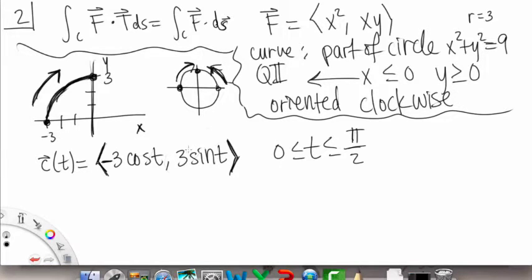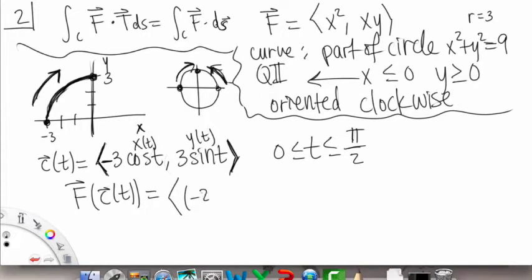And then what else do we need to know? We can plug in our c of t into f. Okay, so where this is our x of t and this is our y of t. Okay, so looking at f, we're going to plug in negative 3 cosine t wherever we see an x.